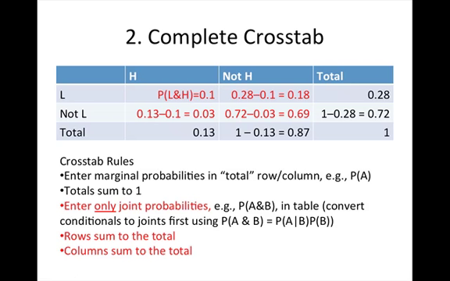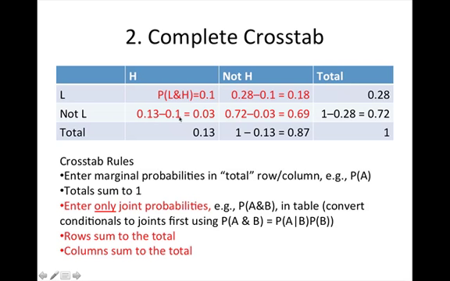Now, the next step is to figure out the rest of the joint probabilities. And the rules are pretty simple on this. The rows add up to the row totals, the columns add up to the column totals. So 0.1 plus whatever this cell is has to be 0.28. Therefore, this cell, the probability of having a large order that is not heavy is going to be 0.28 minus 0.1, which is 0.18.